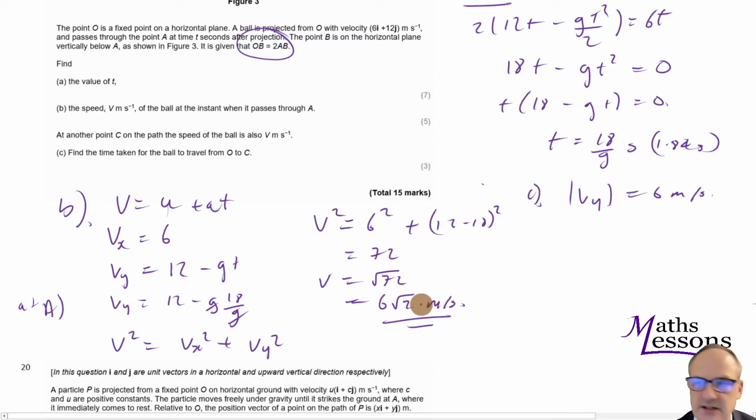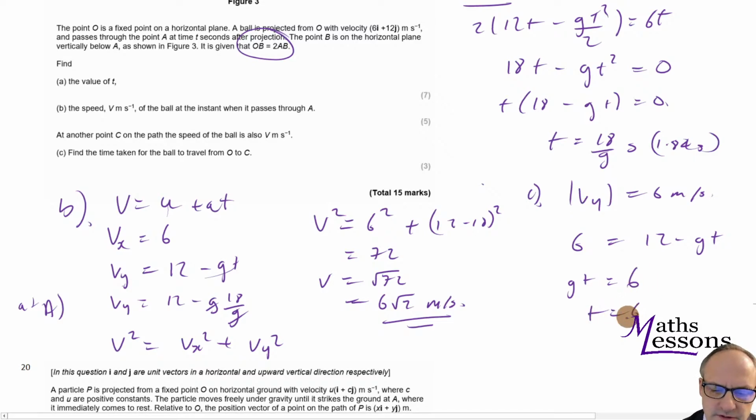So we know that 6 must equal 12 minus gt. Rearrange that, we get gt is equal to 6. So therefore, t equals 6 over g seconds.